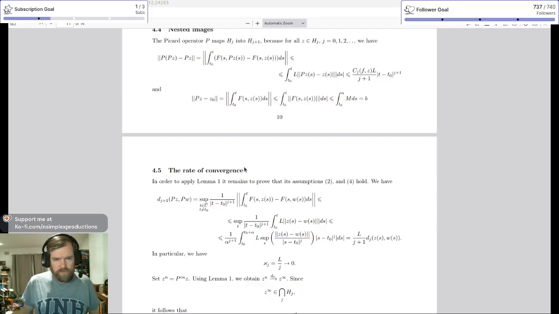Rate of convergence. In order to apply lemma 1, it remains to prove that the assumptions 2 and 4 hold.